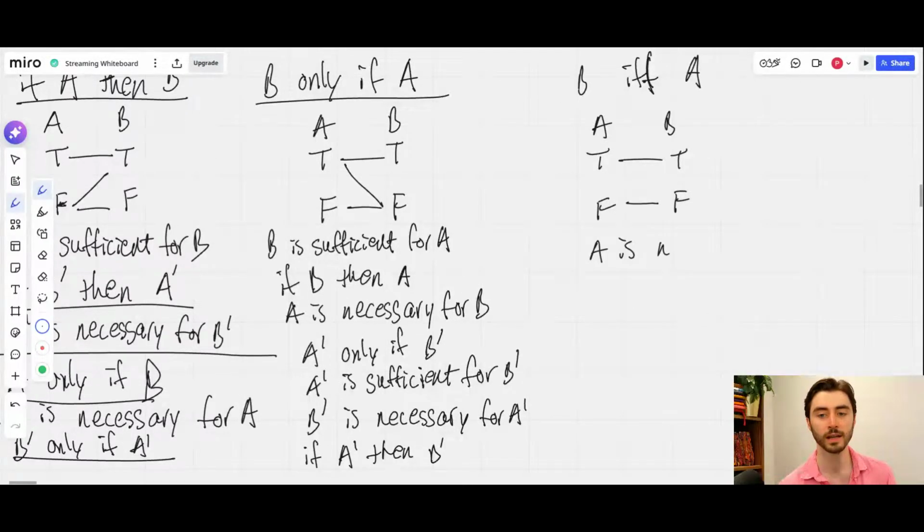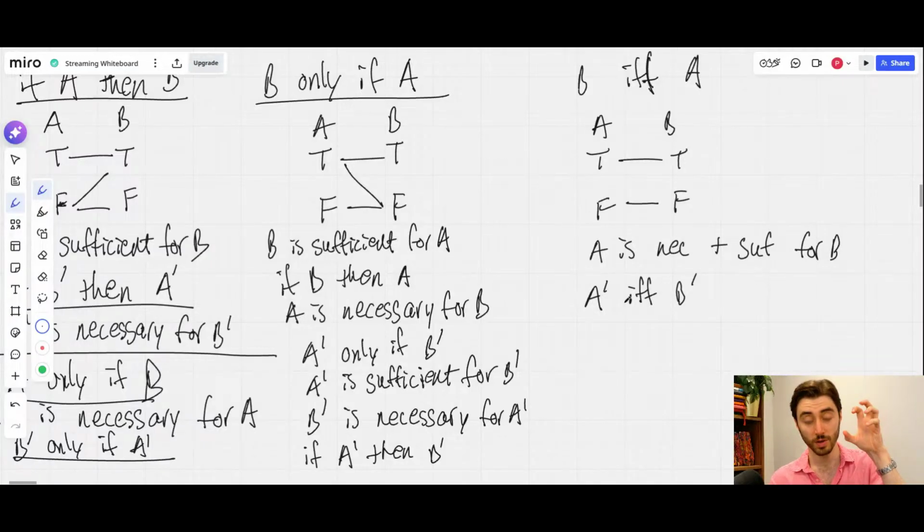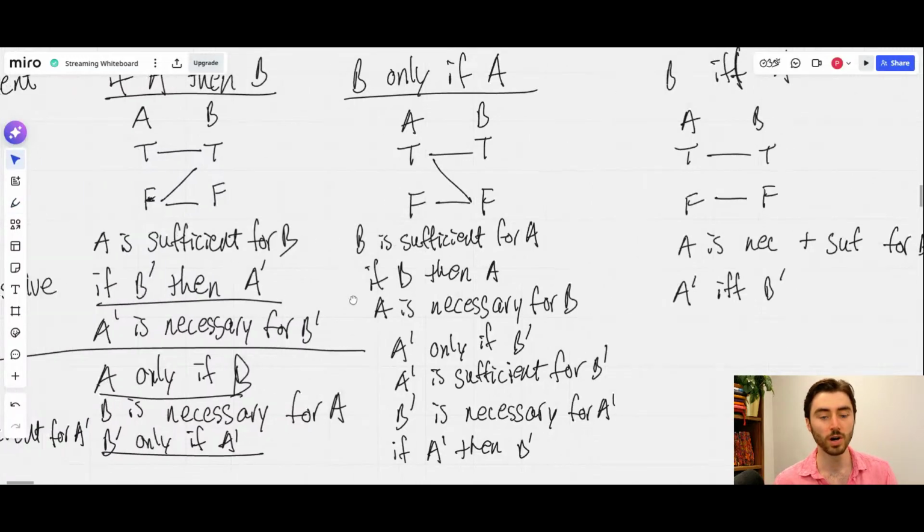A is necessary and sufficient for B. Working forwards and backwards, we can say not A if and only if not B. It's the contrapositive, and we can do all the other ones as well. So 8 logical statements, all condensing onto the exact same mapping. If you can get your mapping, you can understand everything that is happening in a situation.